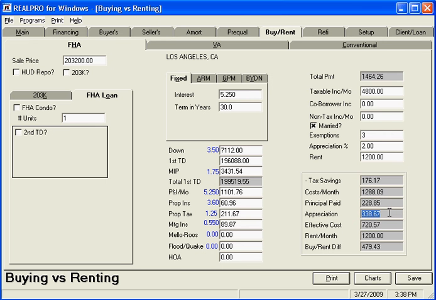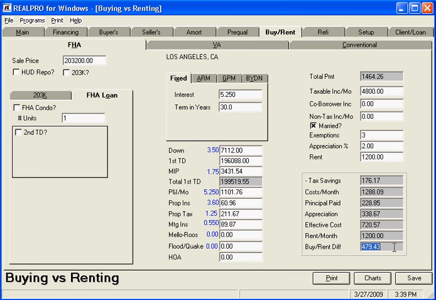Followed by the appreciation, that's $338 a month, even at a very conservative 2% appreciation, bringing the effective cost down to $720. The rent they're paying right now is $1,200 a month. Does it make sense to continue renting, or should they buy?